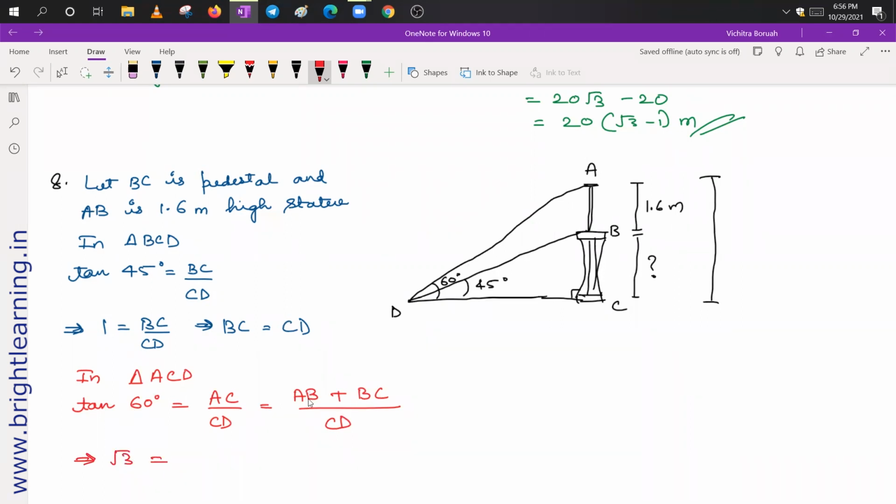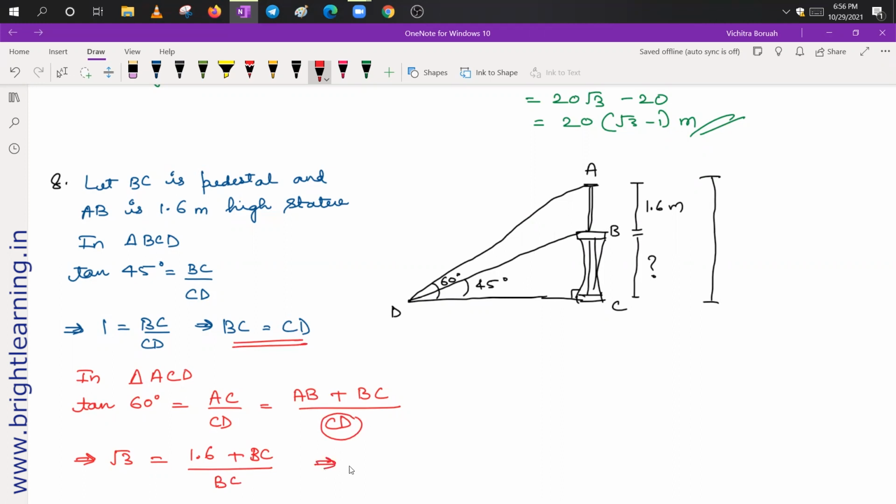It is equal to, now AB we know is equal to 1.6 meters. So here you will write 1.6 plus the length of BC we have to find, upon CD. In place of CD you can write BC from this relation. Okay, so next you just have to simplify it.